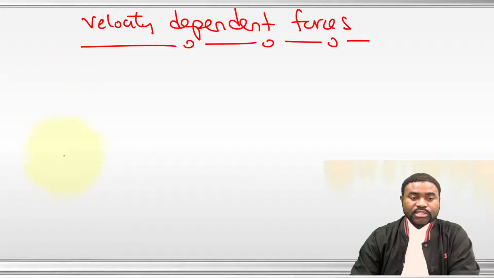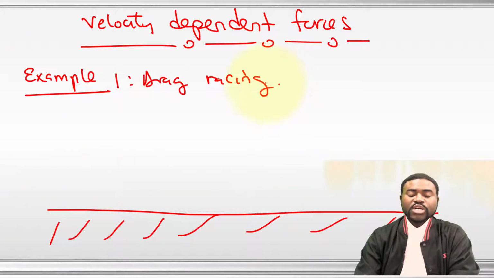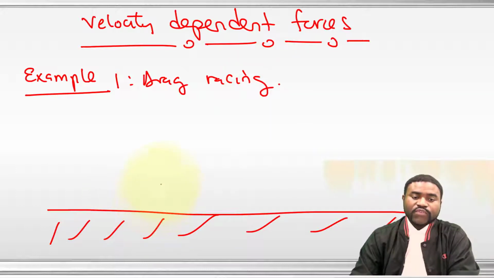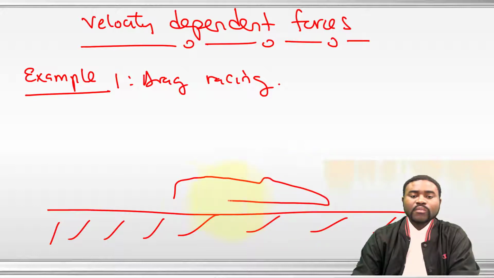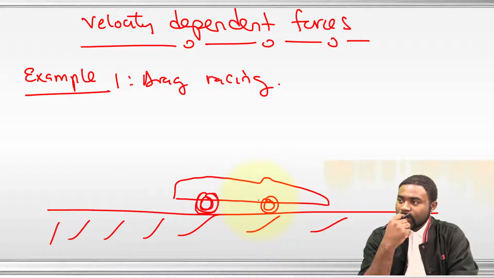Take for example, let's consider drag racing. Usually the cars are designed to run at very high velocities, above 100 miles per hour, and therefore braking is an issue.